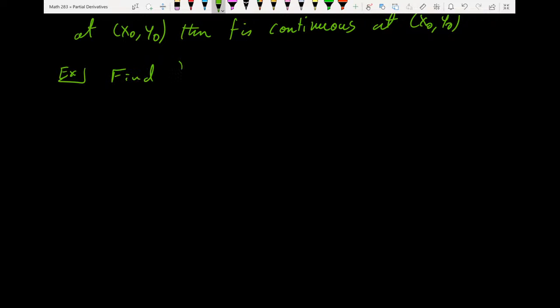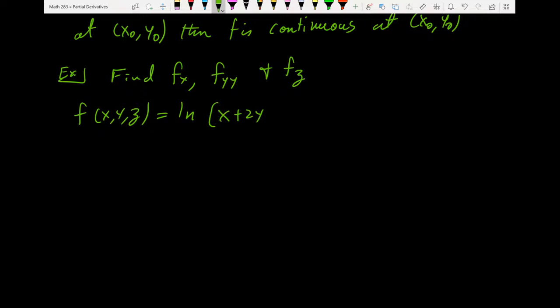Find f sub x, f sub y, and f sub z for the given f of x, y, z equals natural log of x plus 2y plus 3z.